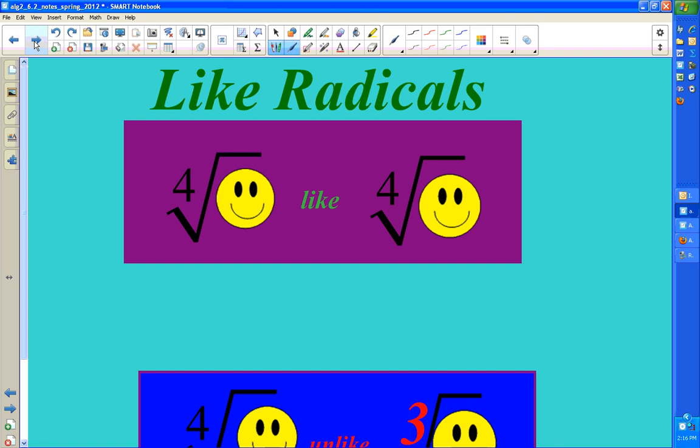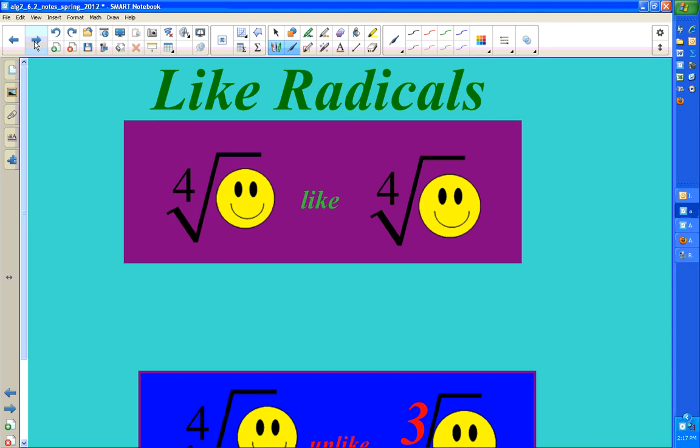Look, when you are dealing with radicals, radicals are like variables. They have to be the same index, same radicand in order to be considered like radicals. And I don't mean like radicals, oh my God. I mean like meaning similar, meaning things that we can combine.